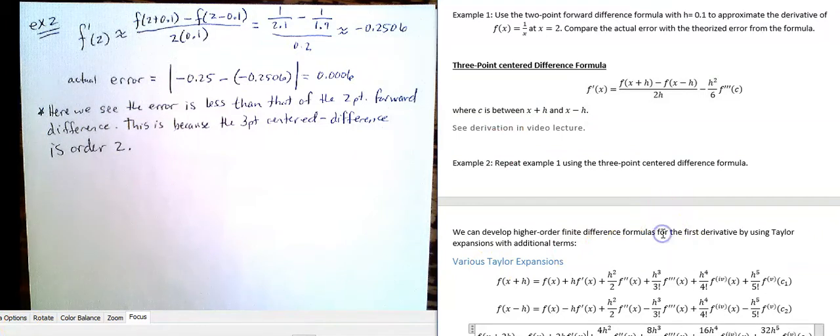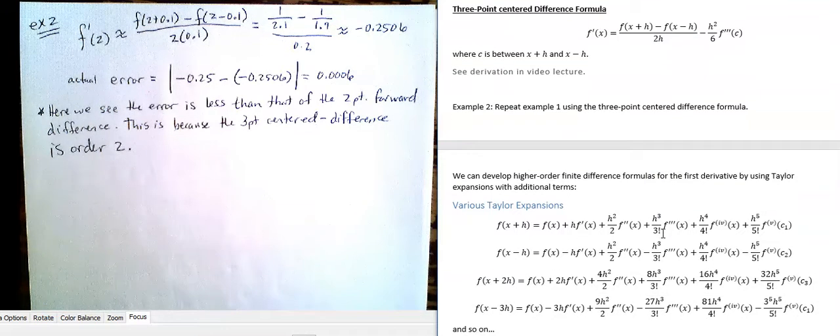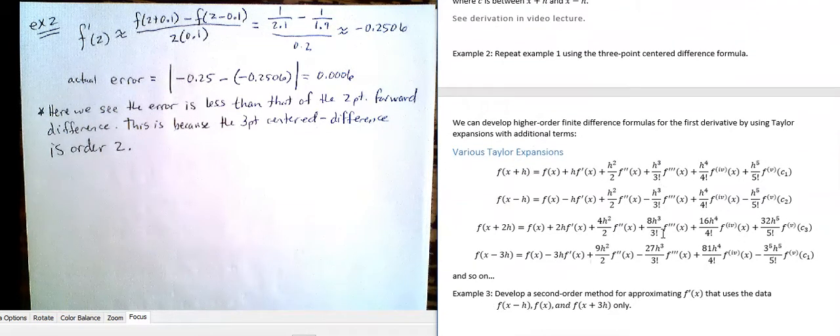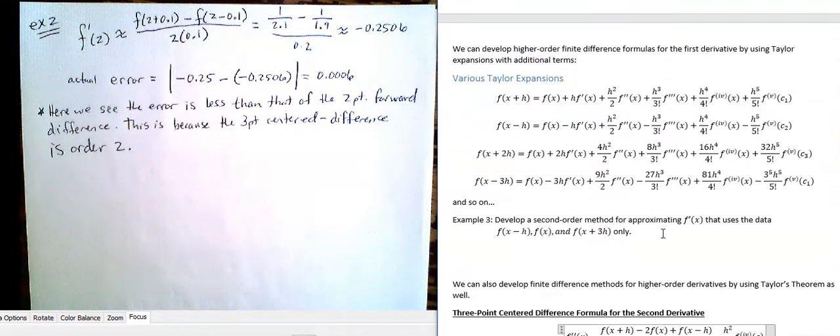All right, so we can also look at finite difference formulas for creating higher order finite difference methods, okay? So here are just some examples of various Taylor expansions. I've just given you these formulas. We've dealt with this one today. In order to get a higher order formula, we would need to go out further and actually have more terms, right?